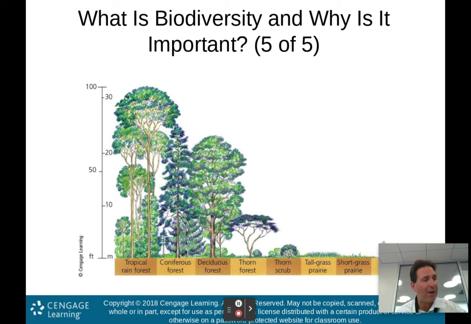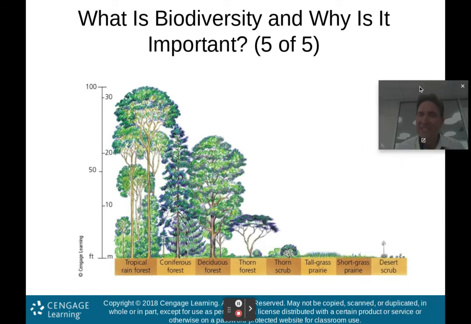So this talks about how this is the community structure. And if you remember back to a previous lesson, I said that most of the biodiversity is actually in our rainforests, right? And the least are in our deserts. I think this picture kind of begins to tell the story, right? So look at your tropical rainforest.